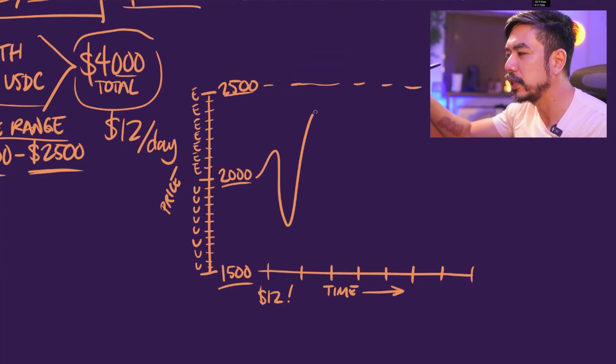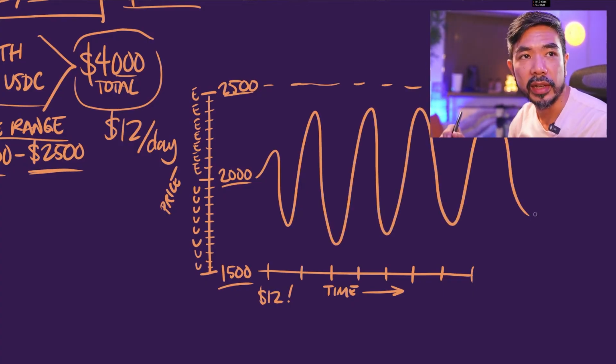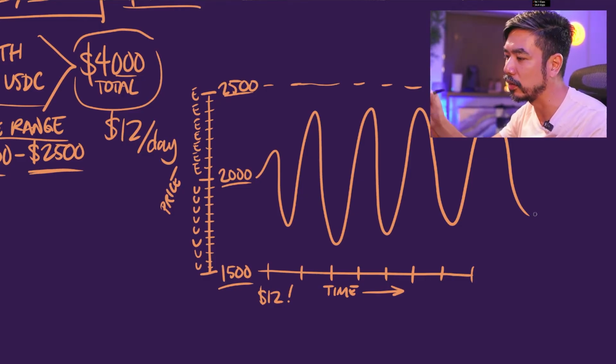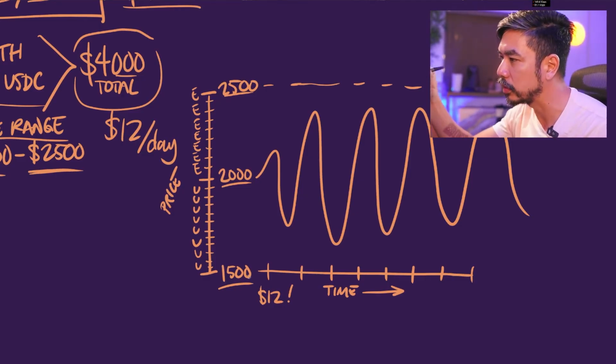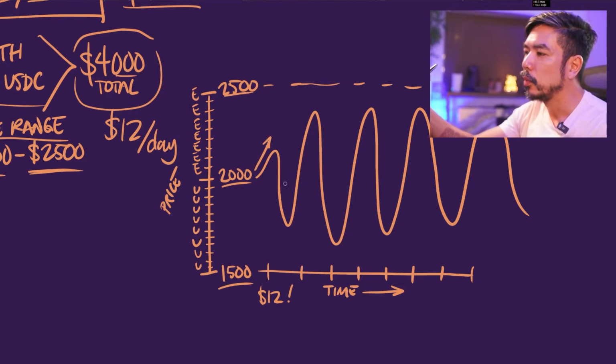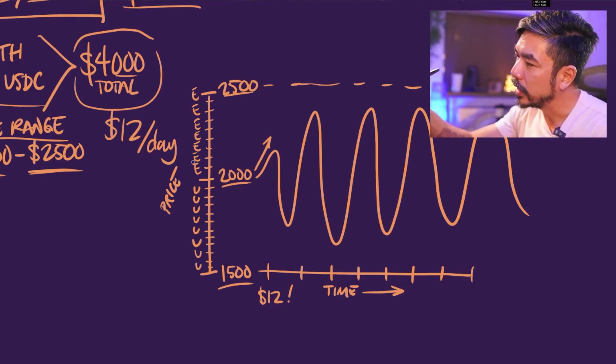So let's say the price, as with most cryptocurrencies, will go like this. If you're lucky, it will go like this, just within the range of what you define, right? It'll always just be within 1,500 to 2,500. But as the price is going up like this, what is actually happening to your money? As the price goes up, your ETH becomes USDC.